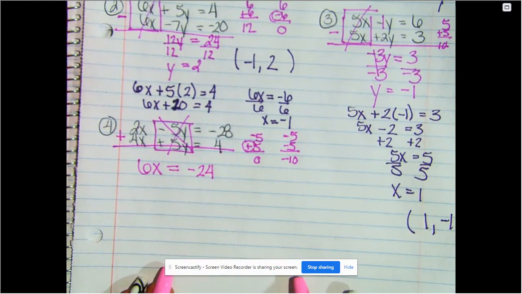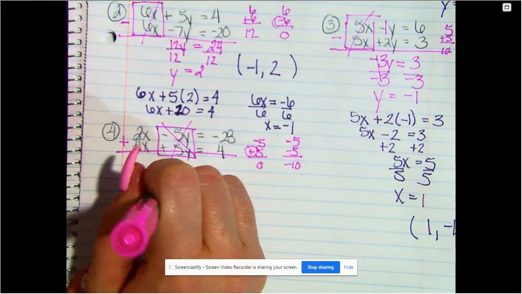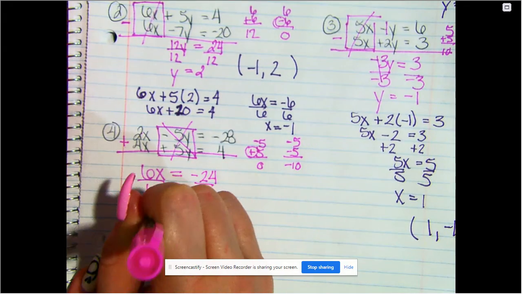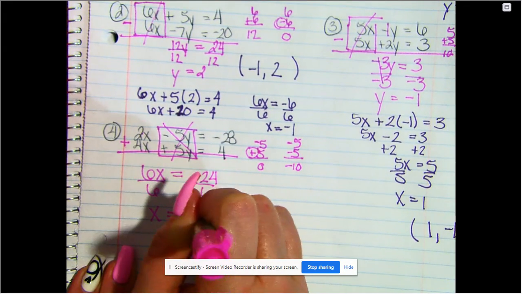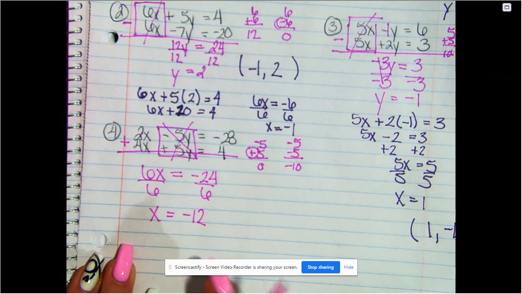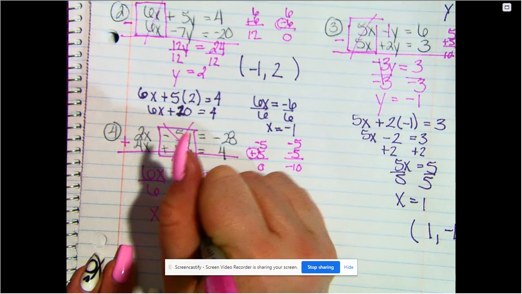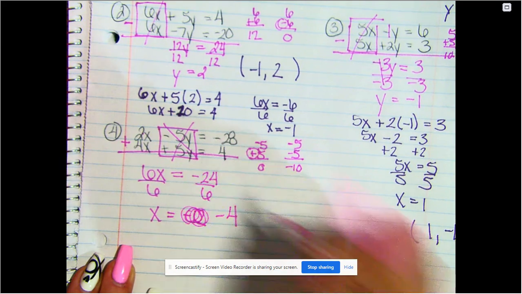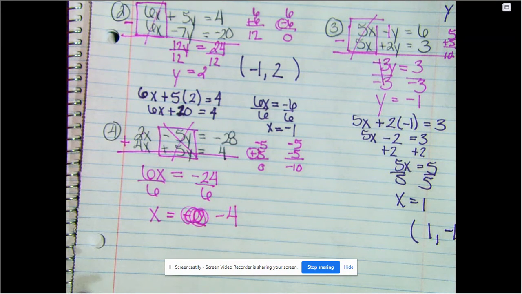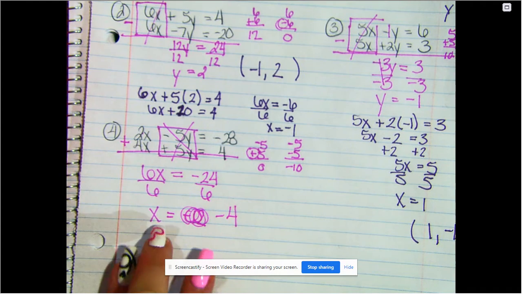Let me scoot this up. Divide by 6, divide by 6. X is equal to negative 4. So from here, I am able to then solve for my y value.